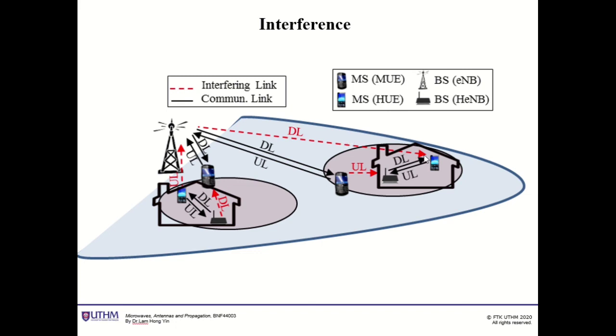For example, here we have two phones used for cellular, so they have the same spectrum. We might produce interference between these two.